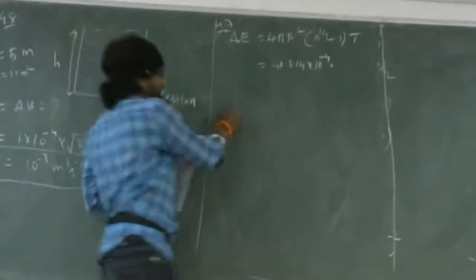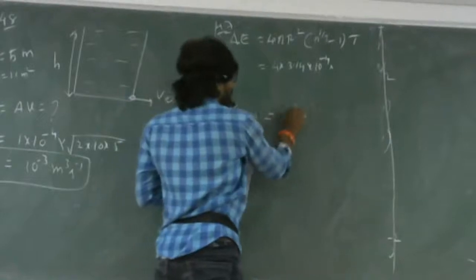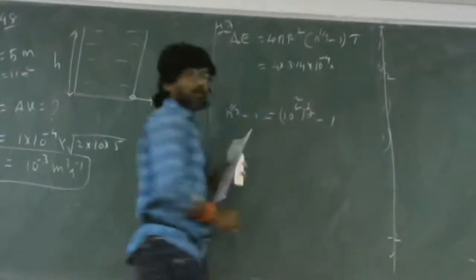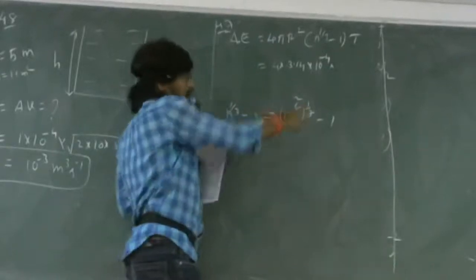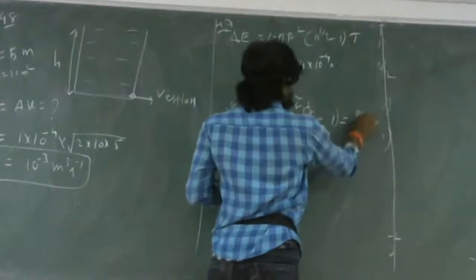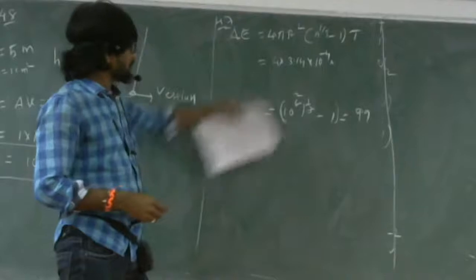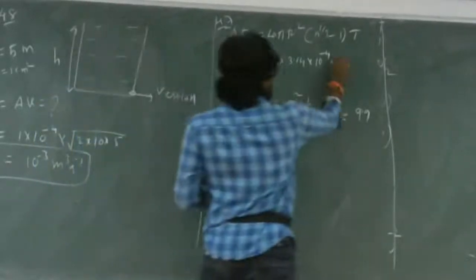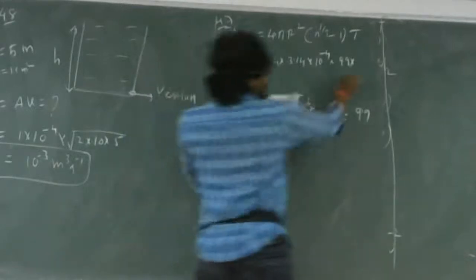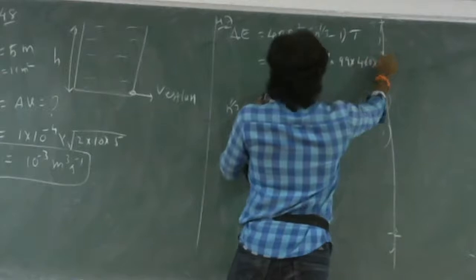Let us take n power 1 by 3 minus 1 separately. n is 10 to the power 6, whole power 1 by 3, minus 1. So 3 ones are 3, 3 twos are 6, so it is 10 to the power 2 minus 1, which is 100 minus 1, how much? 99. Into T, the surface tension, which is 460 into 10 to the power minus 3.